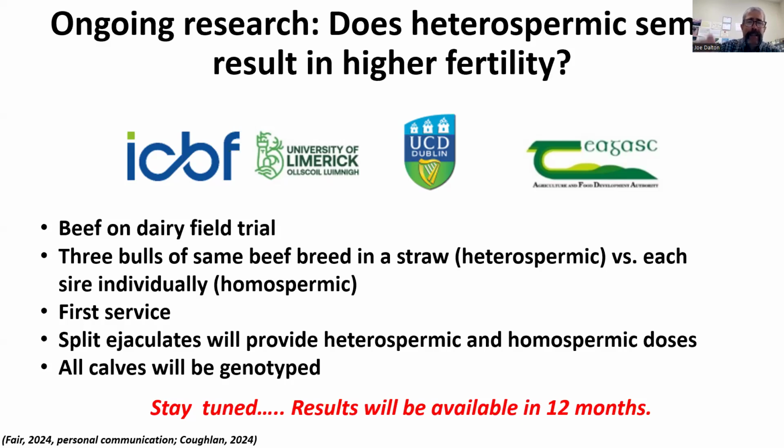And then at the end, all calves will be genotyped, and they'll know which males were the sires. So stay tuned. The results will be available in about 12 months. This will be one of the largest, if not the largest study to date on heterospermic. There will be thousands of inseminations within this study.